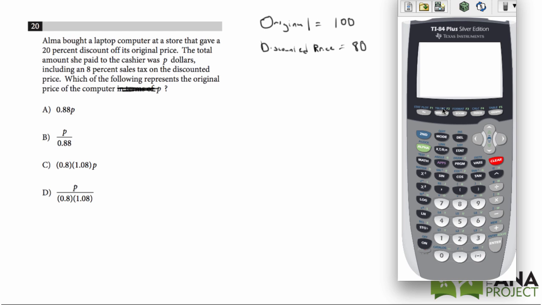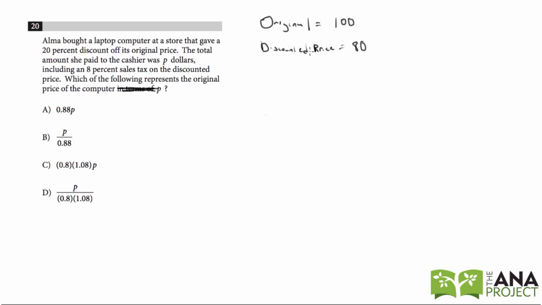Another way to do it is if you take 20% off 100%, you're left with 80% of the original price, so you can also multiply by 0.8, giving you 80. So let's backtrack a little bit. The original price, $100. Discounted price, $80.